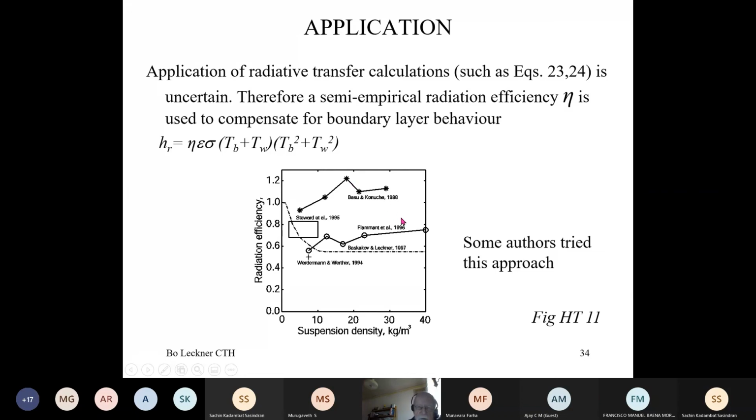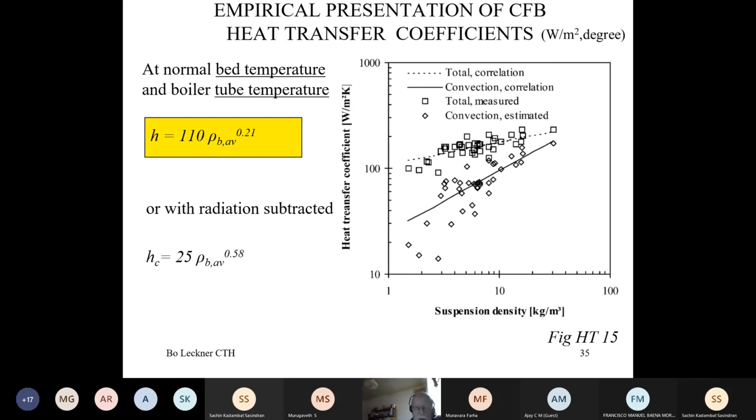So you can also use this to analyze various data sets and see if they are consistent. We have used this on various data, and we have established then a heat transfer as a function of suspension density, the average suspension density over the cross section.